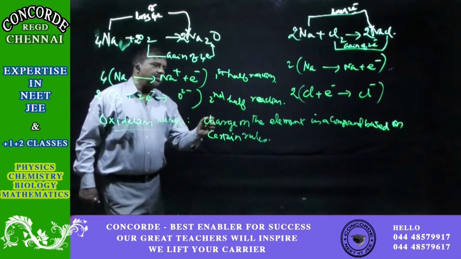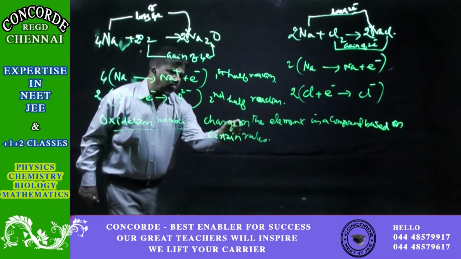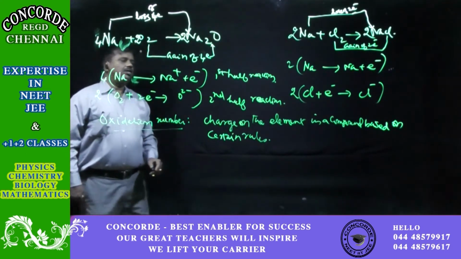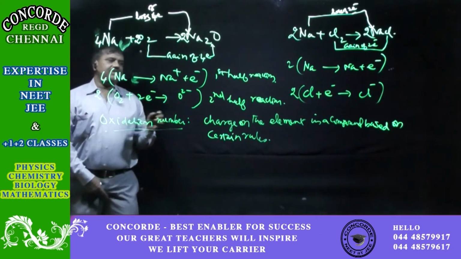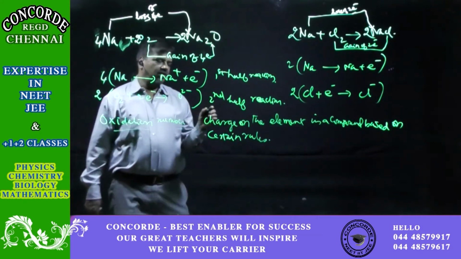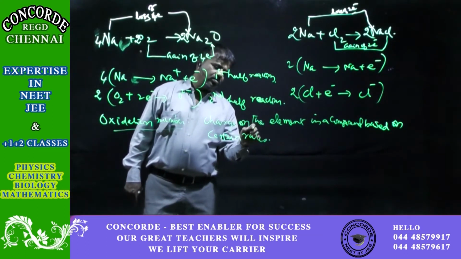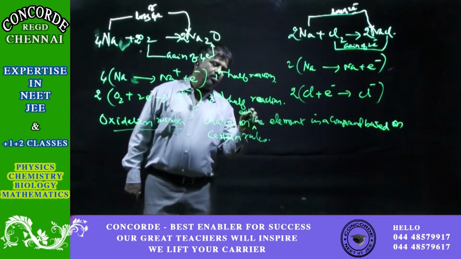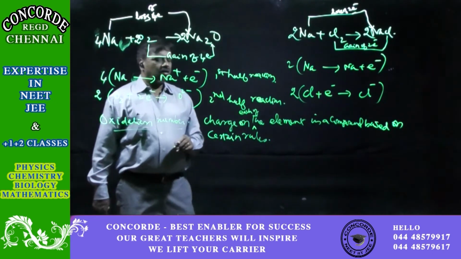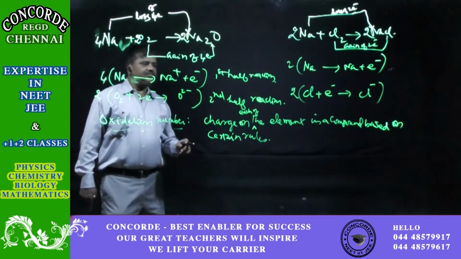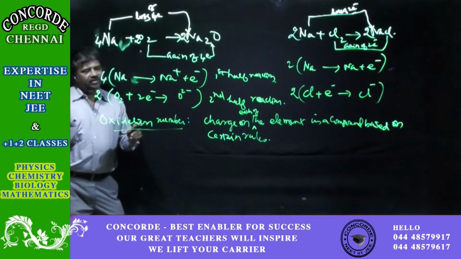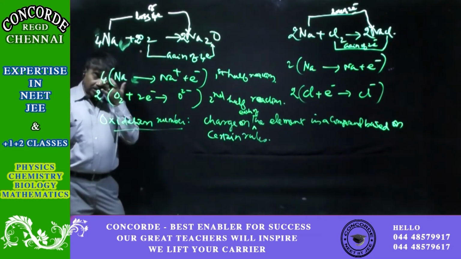If there are two elements, then the charge on each of the elements. So for each element there will be one oxidation number, the charge on each element in a compound based on certain rules. So what rules can we have?